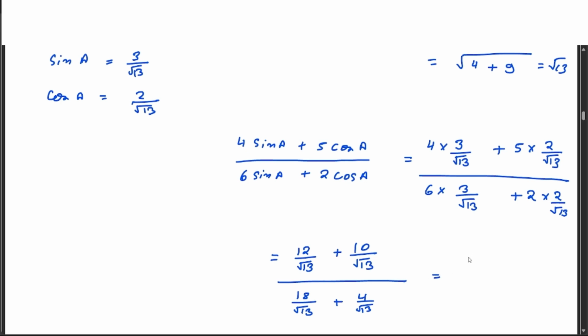So we can say this one is 22 over root 13 and denominator also 22 over root 13. Okay, so now you can cancel this one. So which means numerator and denominator both equal. So we can say 1. So hope you understand this one. This is very easy 3 mark question, so you can easily tackle this one.